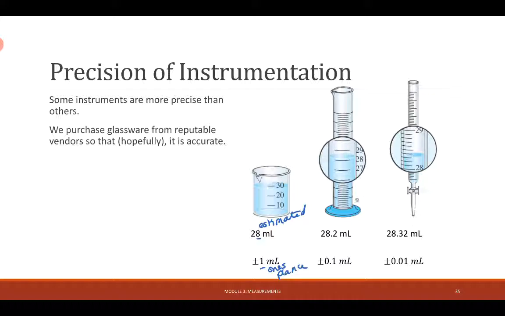For our graduated cylinder, our estimated digit is in the tenths place because the ones place is known. Whatever place the estimated digit is in is where our precision lies. So our precision here is in the tenths place.